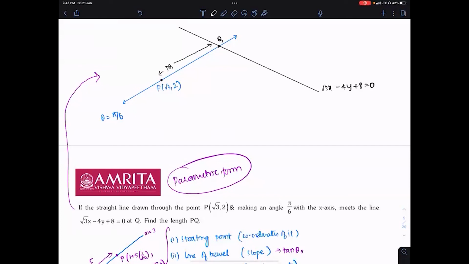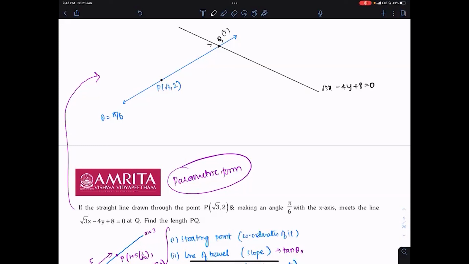Then let's say the displacement of Q from P is r. We don't know, no? That is what we need to find.